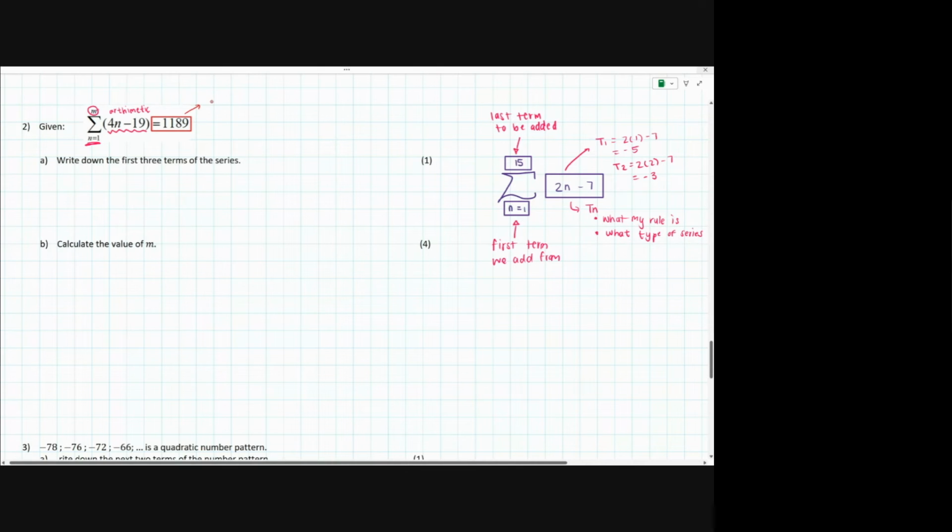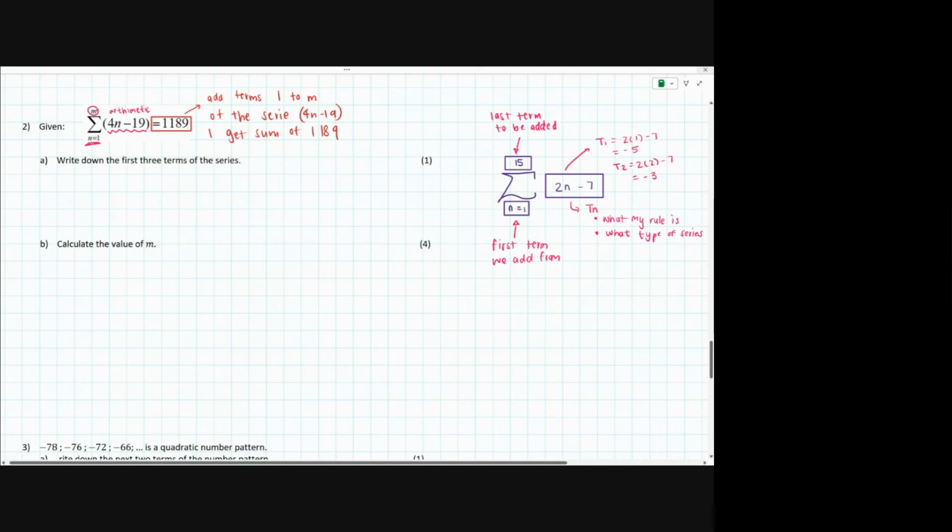This is telling me that if I add terms 1 to m, remember I don't know what m is, of the series 4n minus 19, I get a sum of 1,189.